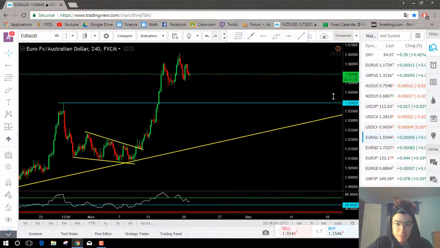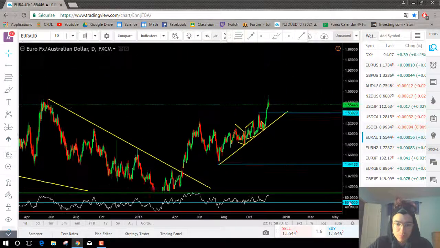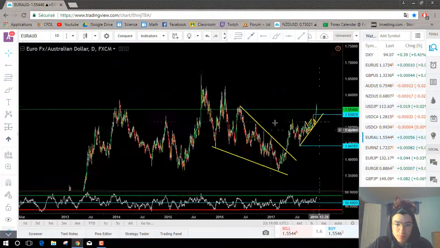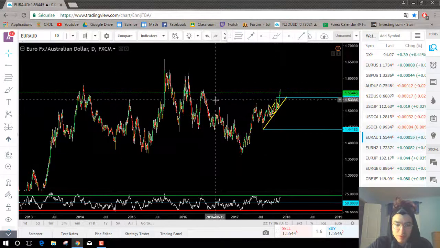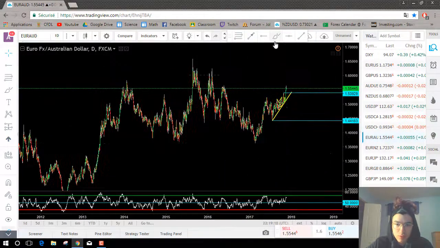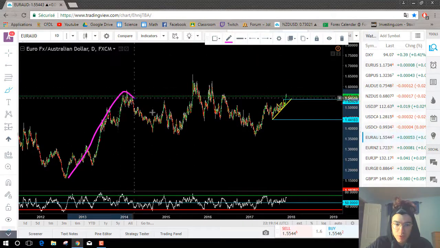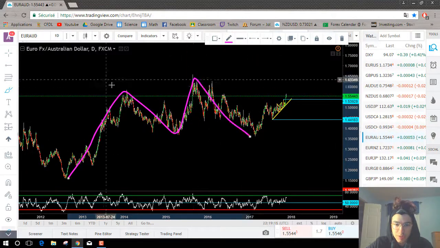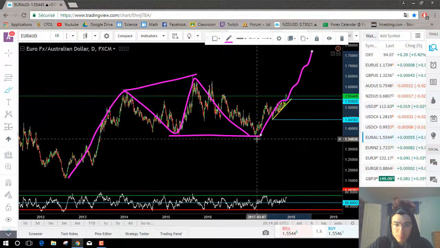Now we're getting a correction, and if you look at it on the daily, I can actually remove this and this. So there is a lot of possibility that this can develop. Let me show you all the possibilities. Either we have this impulse, 1, 2, 3, expanding flat to go back up.